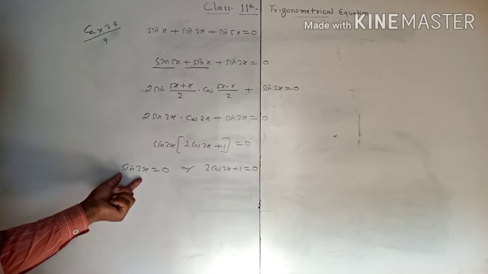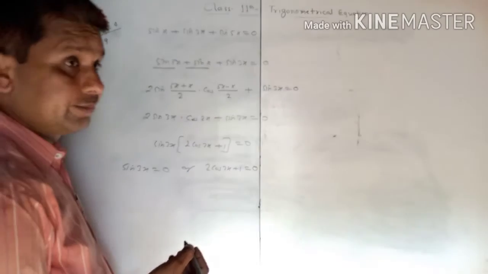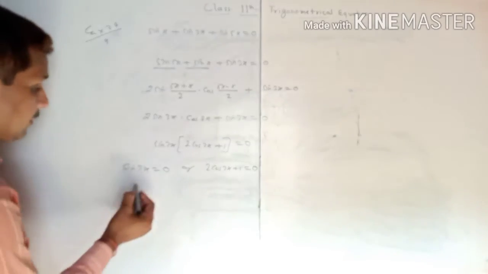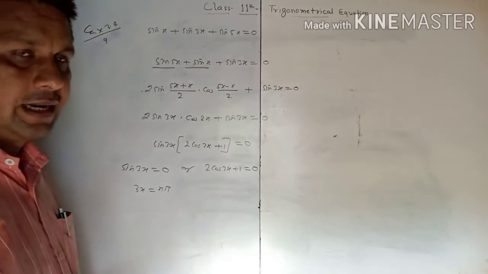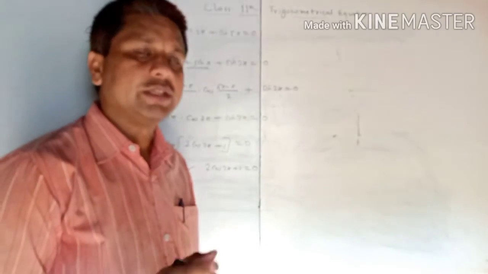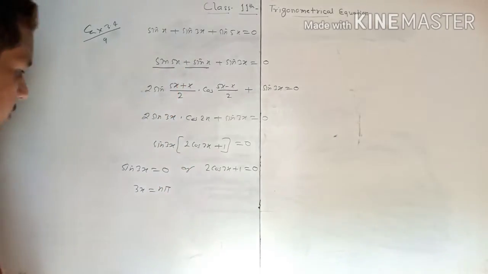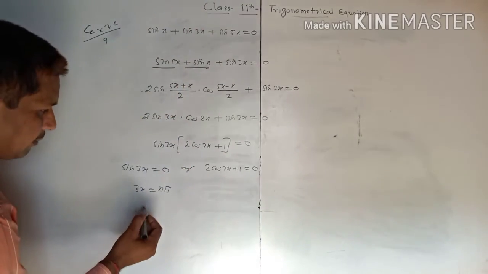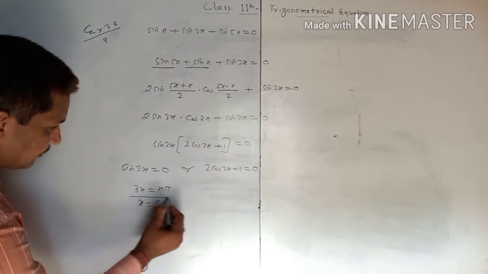When sin 3x is equal to 0, then the general value of 3x is equal to n pi. You know the formula, if sin x is equal to 0, then the general value of x is equal to n pi. So 3x is equal to n pi. So x is equal to n pi by 3.